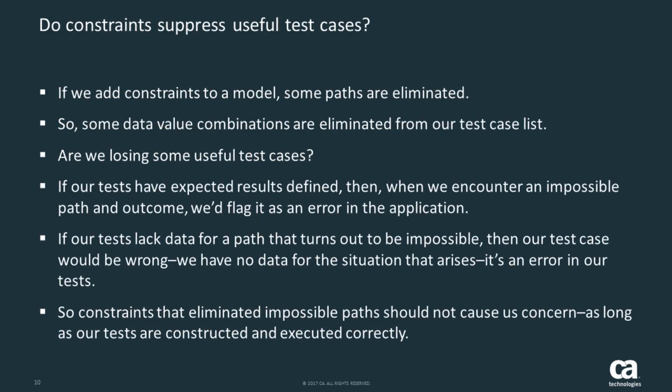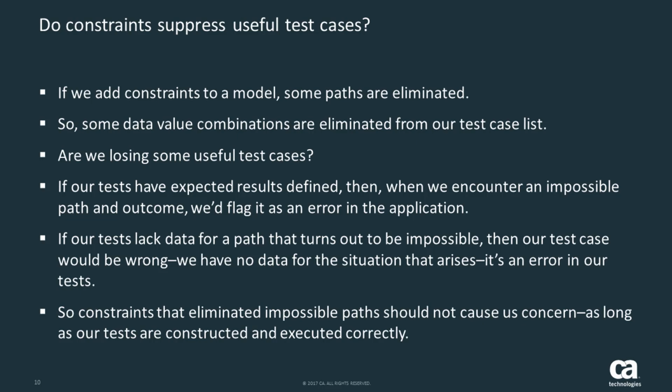So the question arises, do constraints suppress useful test cases? Let's explore this challenge. If we add constraints to a model, of course, some paths are eliminated. So could it be that some of those paths would be really useful test cases, to validate that these impossible paths are never executed?